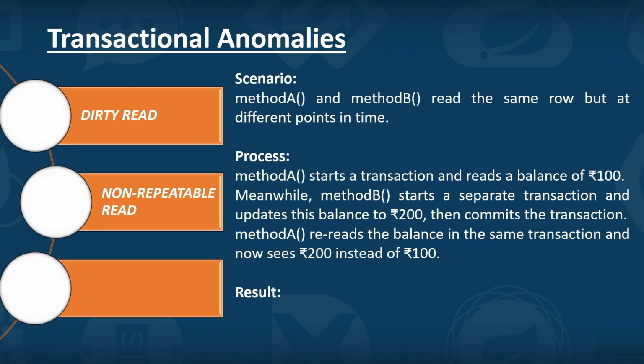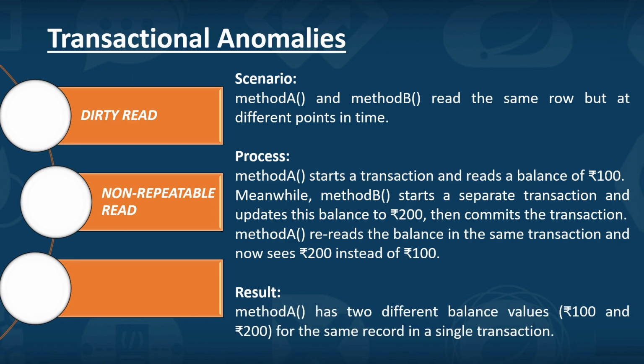So this we call a non-repeatable read, because in this case method A will get confused: how is it possible? Just now I saw it was 100, now it is 200. And the record is single only. So for a single row there are two values, which is logically not possible.